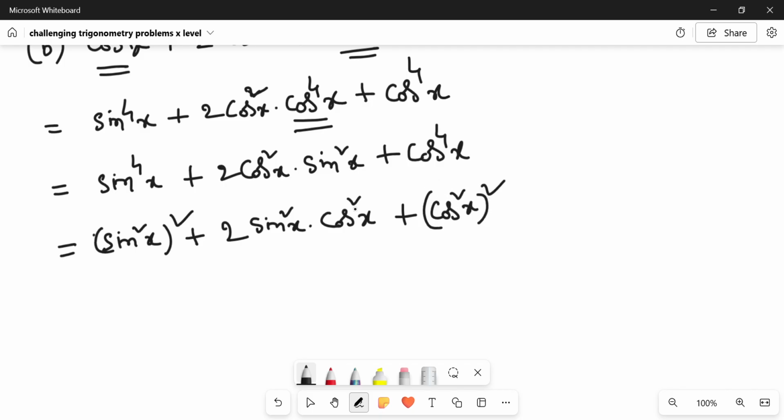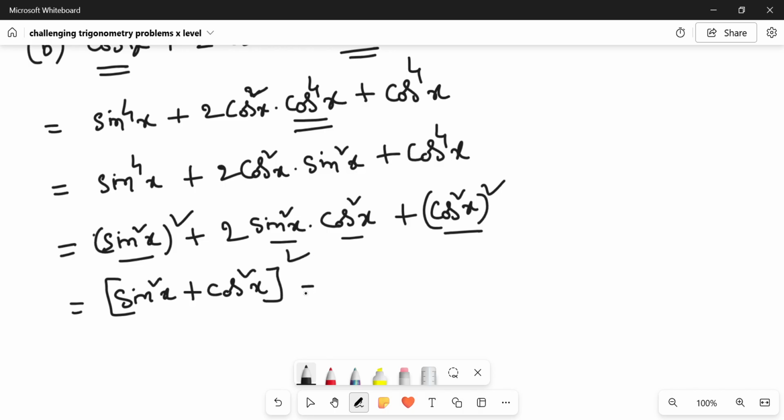What is this? This is like a square plus 2ab plus b square, which is nothing but a plus b whole square. So this becomes sin square x plus cos square x whole square. Sin square x plus cos square x is 1, so this is 1 square, hence 1, which is the RHS. The second part of the problem is proved.